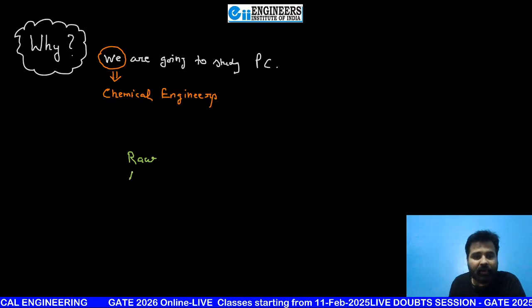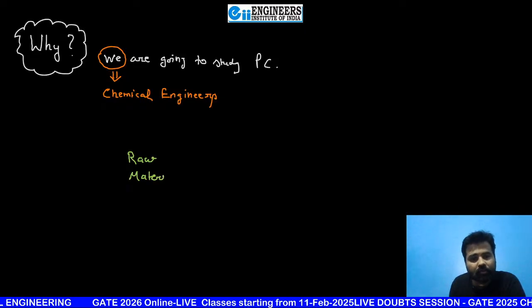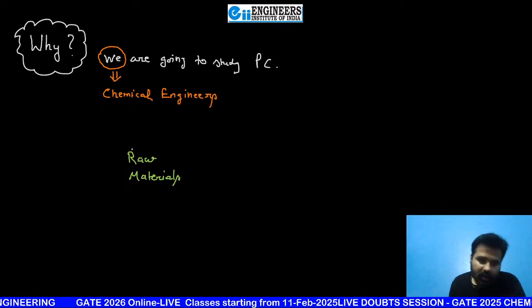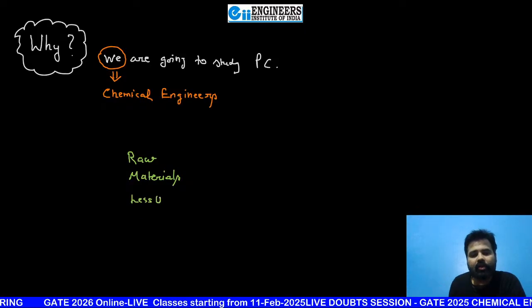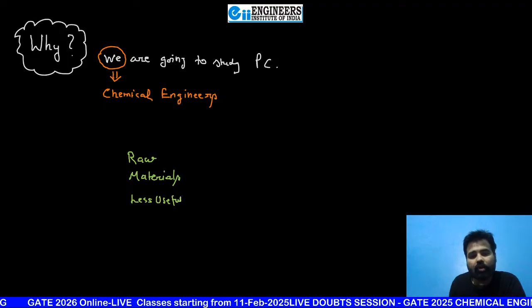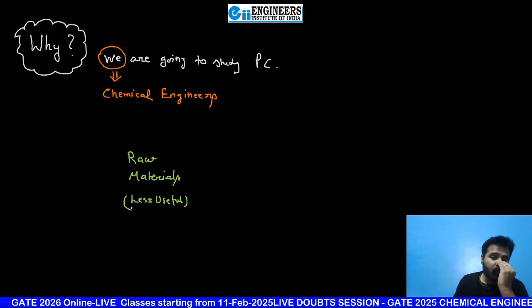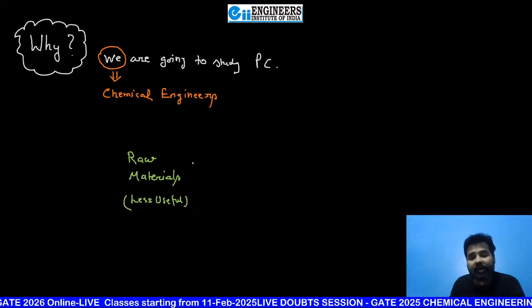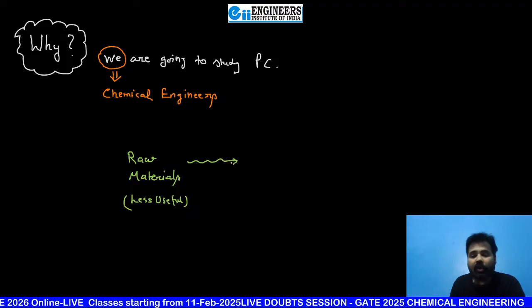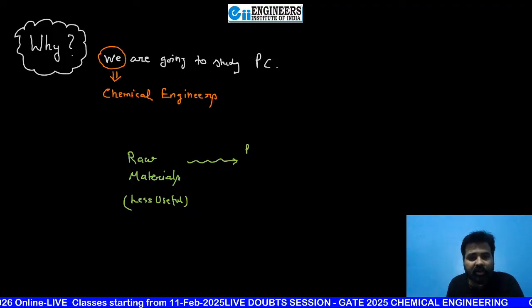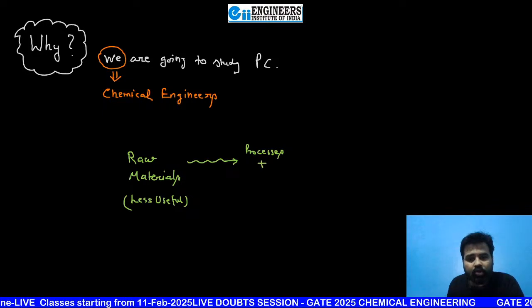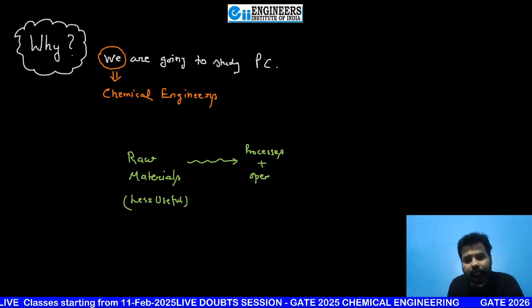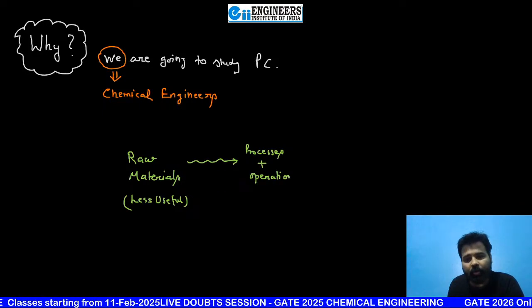You will take raw materials. These raw materials are actually less useful. Now, on this raw material, you are going to do some processes, some operations: unit operations and unit processes.